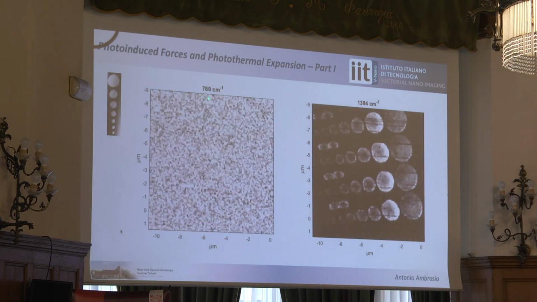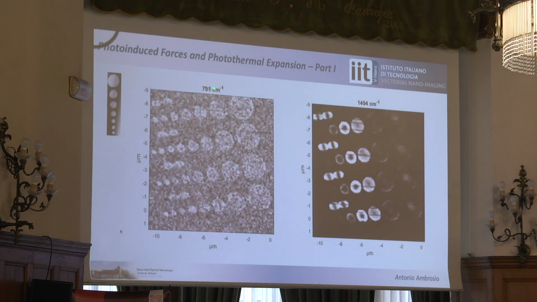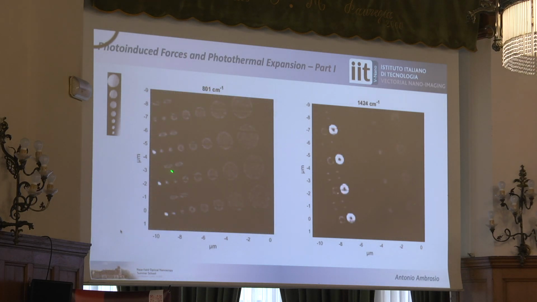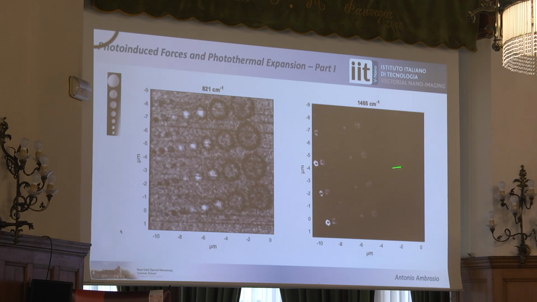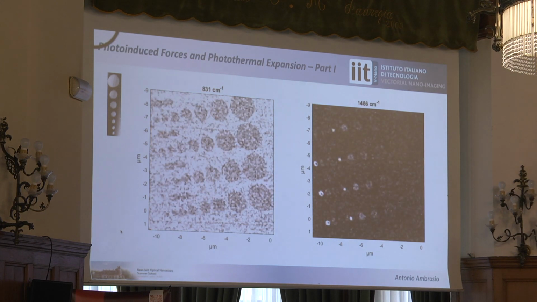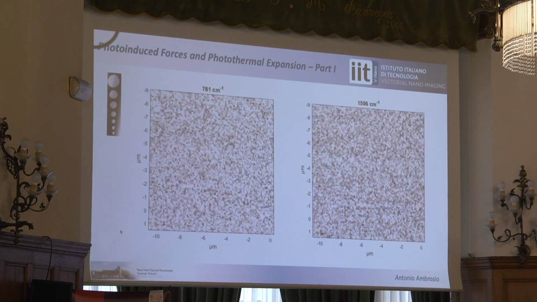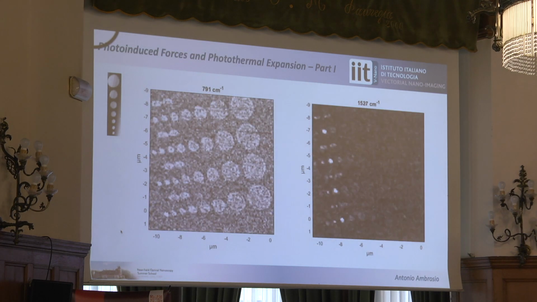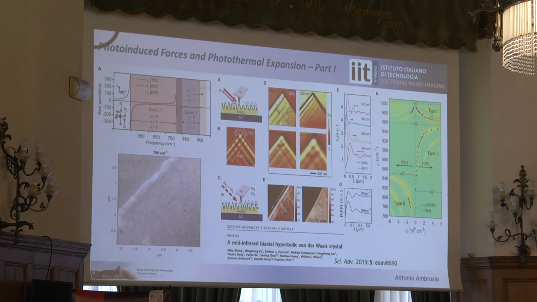You see that as the wavenumber increases, the resonance shifts to the next larger resonator. On the way back it is the contrary in the second Reststrahlen band, due to the sign of the epsilon. And this is also MoO3, about which I think tomorrow you will hear much more from Pablo.